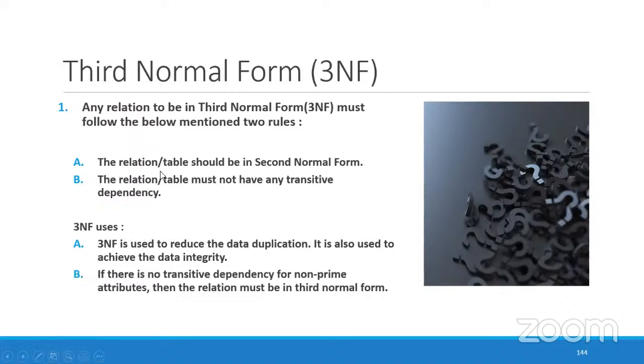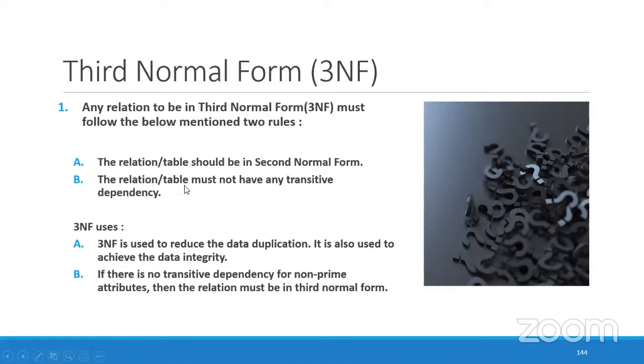The first rule is that the table should be in second normal form. The second is that the table must not have any transitive dependency, so if the table has any, we have to avoid it.